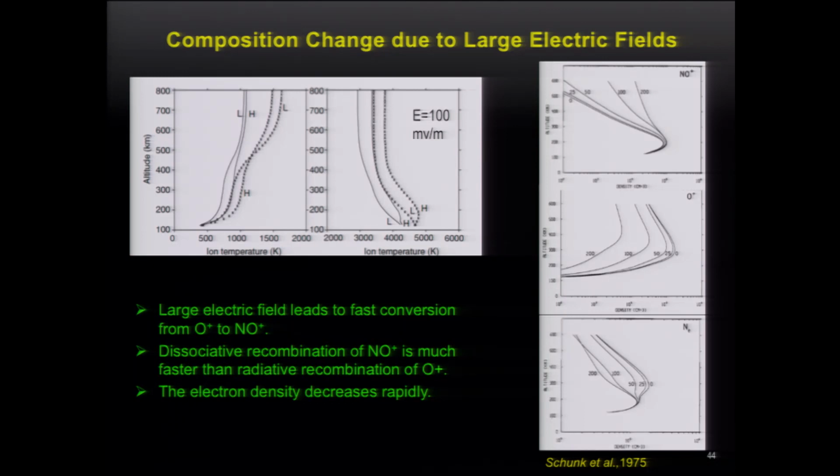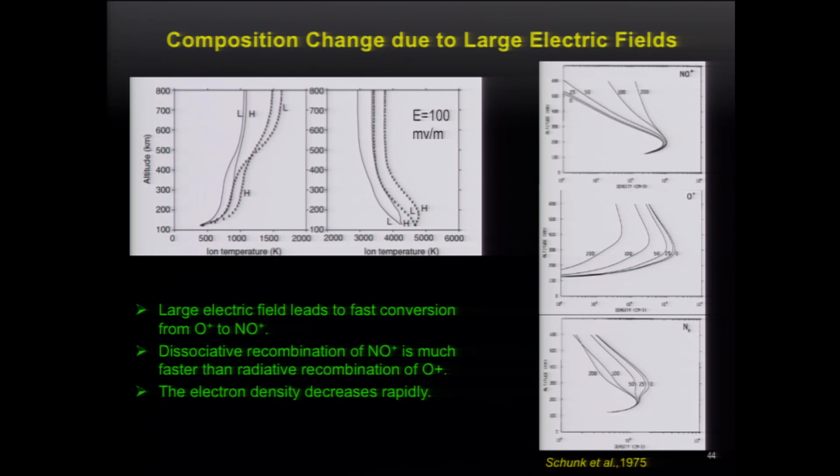So you see this positive gradient here. But once you have a very large electric field, in this case 100 millivolts per meter, that's a 2,000 meter per second drift, then the ion temperature in the bottom part increases significantly, about 4,000 to 5,000 Kelvin, and the gradient is reversed now because your heating source is at a lower altitude.